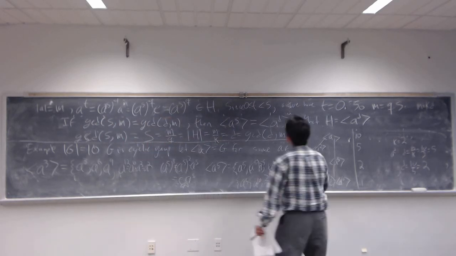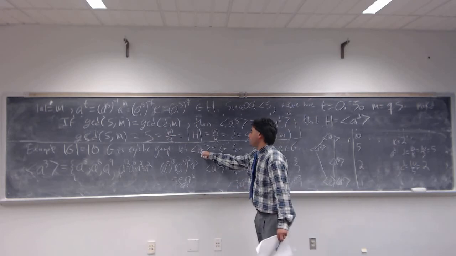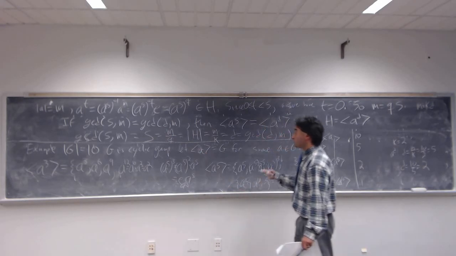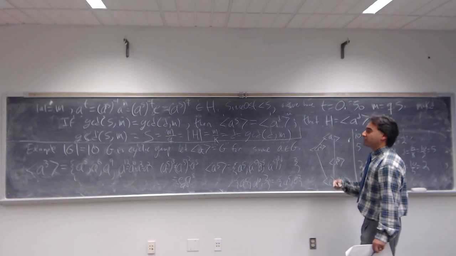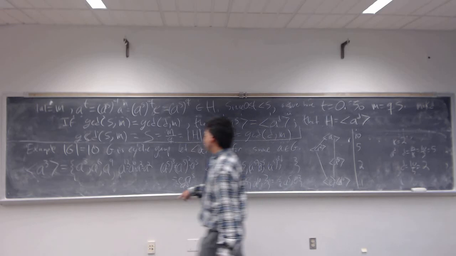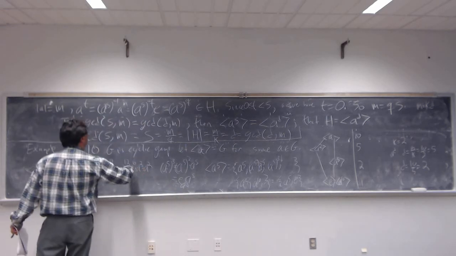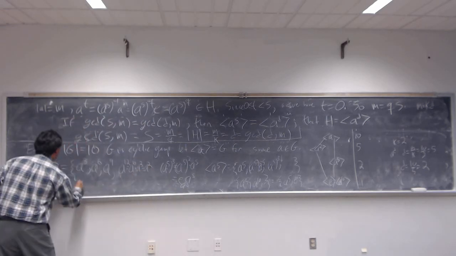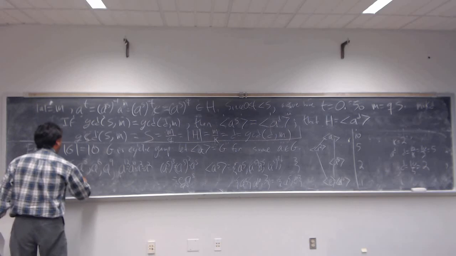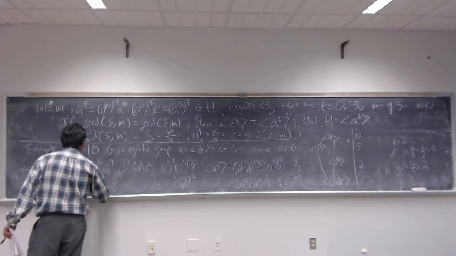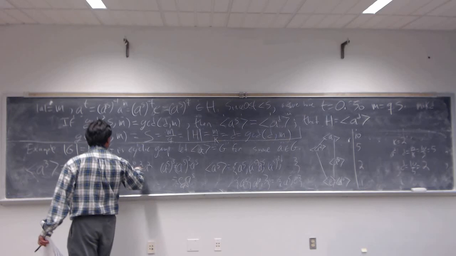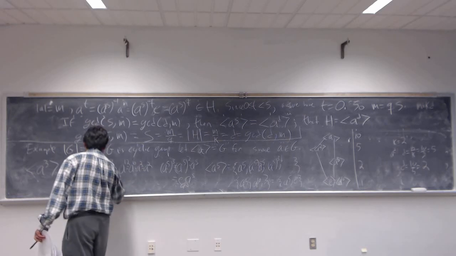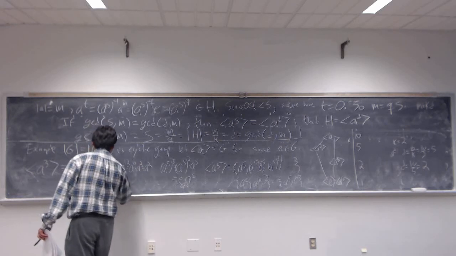Again, remember it's a cyclic subgroup of 10 elements generated by A, so G is just A to the first, A to the second, A to the 9th, all the way up to A to the 10th, which is the identity. Then the next one should be A to the 15th, which is A cubed times A to the 12th, we just saw as A squared, so that would give us A to the 5th.